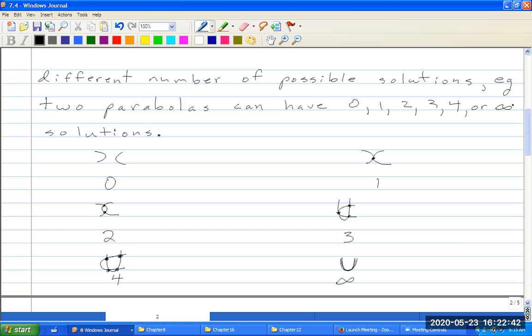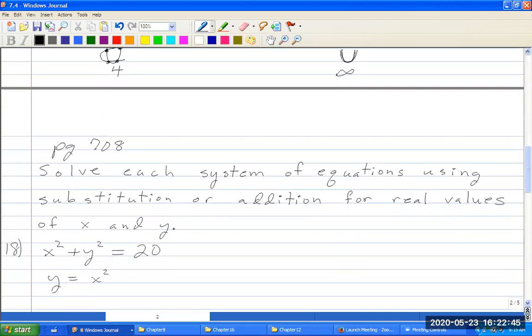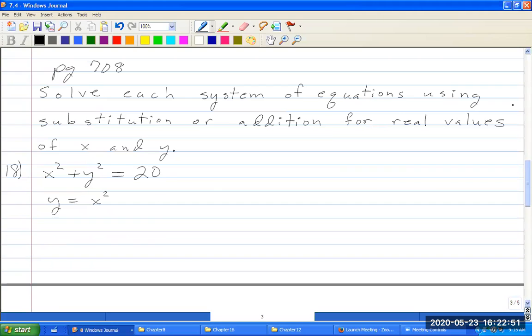Okay, so let's do some examples on page 708. Solve each system of equations using substitution or addition for real values of x and y. So when we solve this, we'll only be interested in real solutions, not in complex solutions.